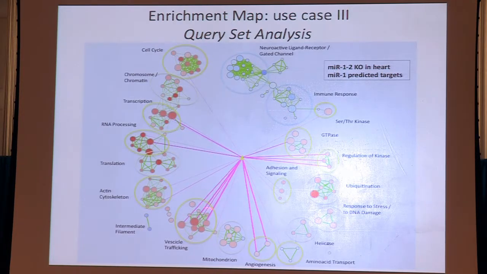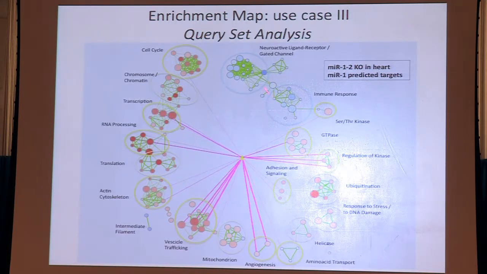So for instance, vesicle trafficking has a lot of genes that are targets of this microRNA, and some other things like this mitochondrion theme here don't have any targets in it. So this argues that some of these pathways might be directly targeted by the microRNA and others are indirectly targeted.